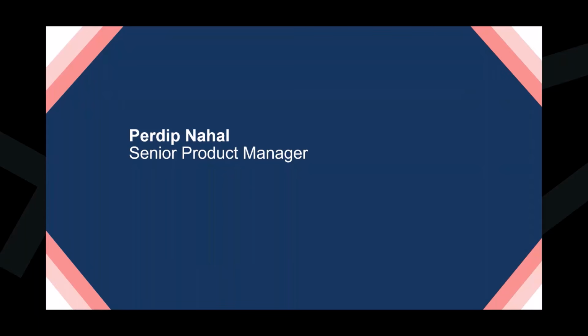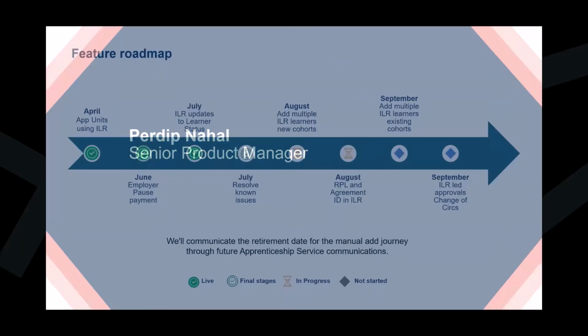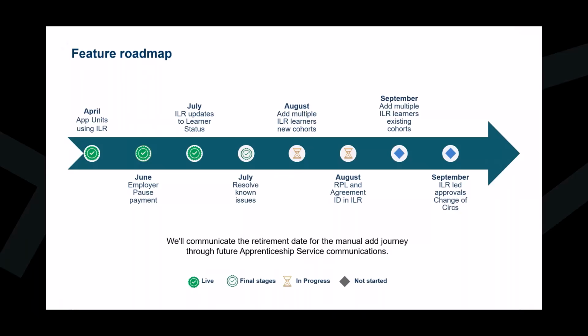So I'll briefly cover the feature roadmap for starters, with the benefits that these changes bring, before going into more detail covering changes that will make it high level in design and processes, adding learners using the ILR option, new functionality to add multiple ILR learners, the new employer pause payment feature, and updating approved learner records using the ILR data. And again, once we've gone through all of this, we should hopefully at the end see an increase in confidence in using these features as well.